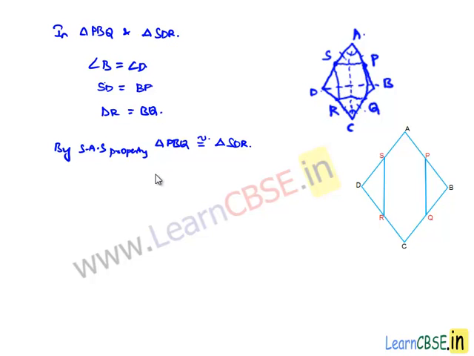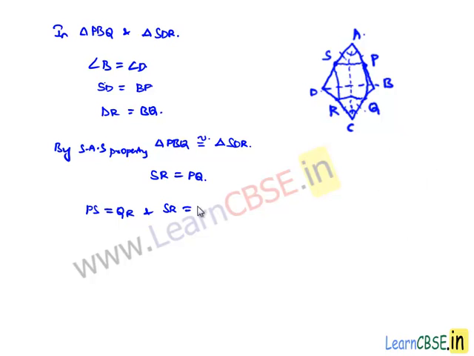So here SR can be equated to PQ. In the first step we got that PS is equal to QR, and here we got that SR is equal to PQ. Two pairs of opposite sides are equal. So here we can say that PQRS is a parallelogram.